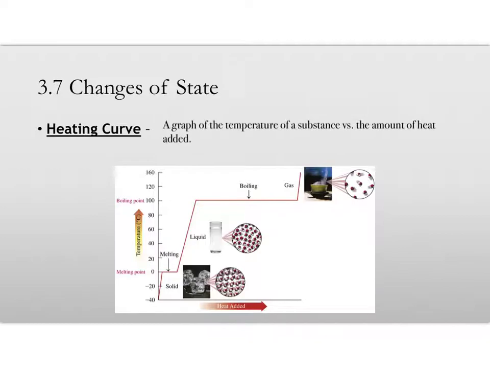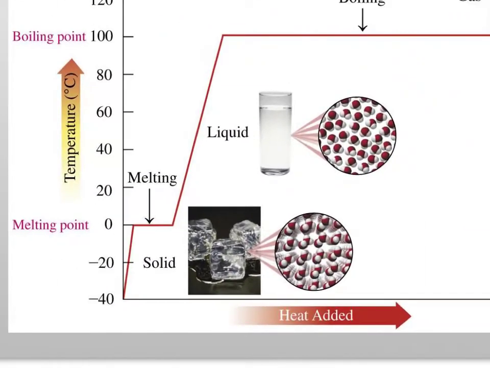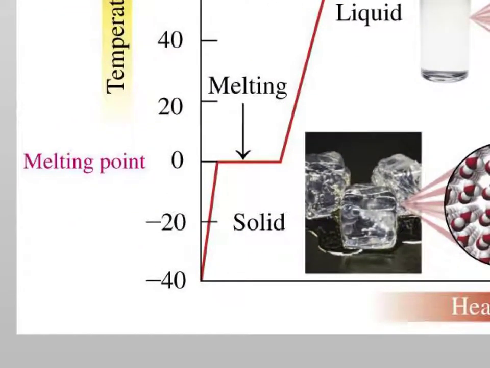This here is a heating curve, and it's a graph of the temperature of a substance versus the amount of heat added. I mentioned earlier that solids take less energy to heat up per gram than do the corresponding liquids, and we can see that in this graph. If you look really closely, you can see the change in temperature of the solid goes up in a really steep change, so it takes very little energy to change it from a solid to the melting point.